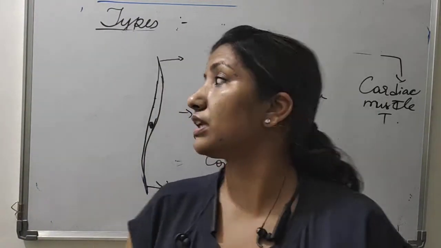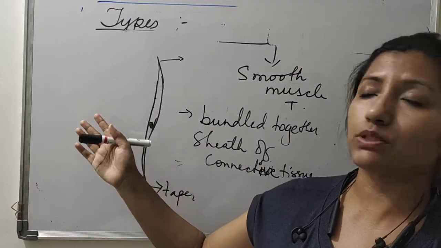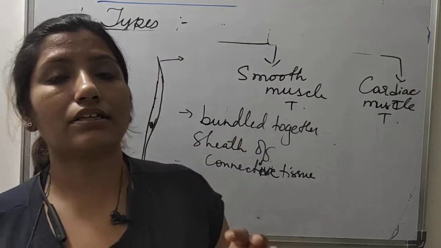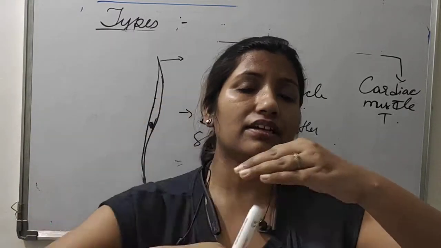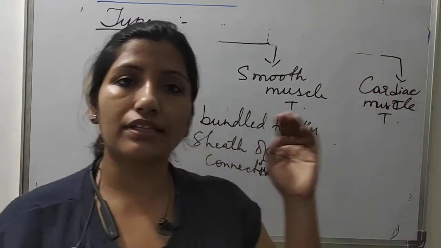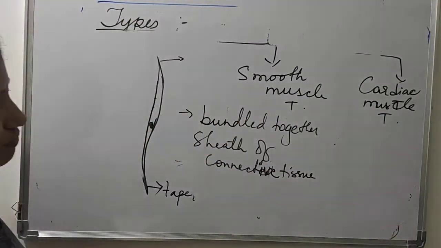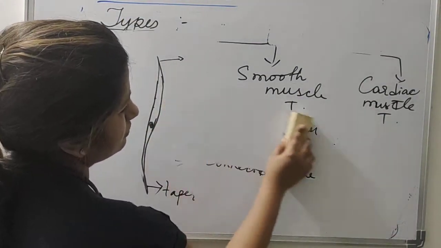So if you are asked a question like, what is the similarity between the skeletal muscle and smooth muscle? The similarity is, in both the cases, the bundle of muscle fibers is covered by a sheet of connective tissue.